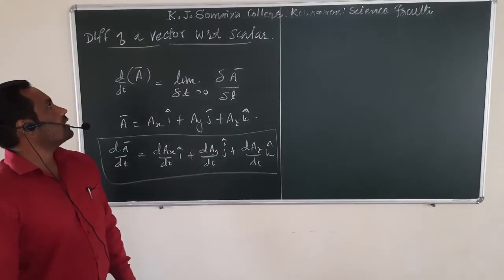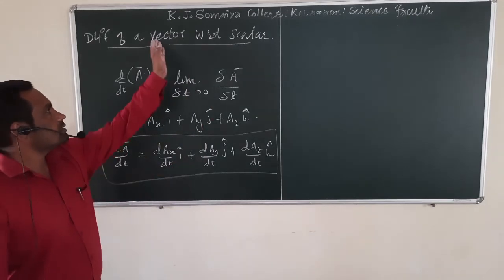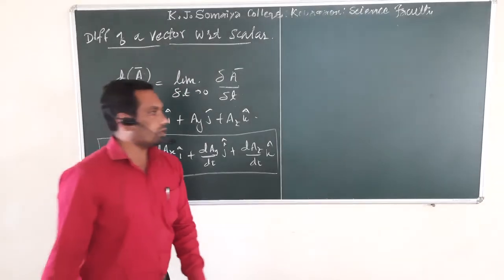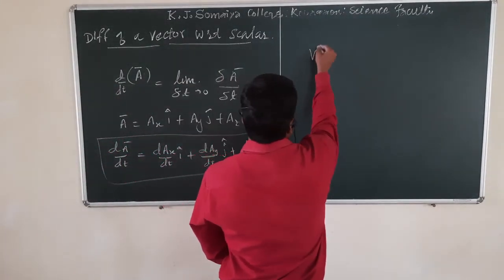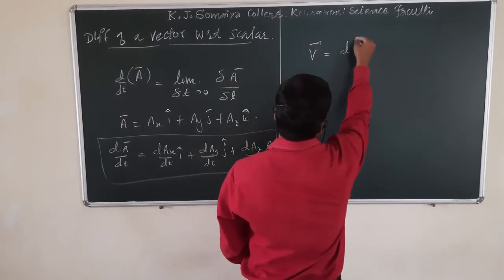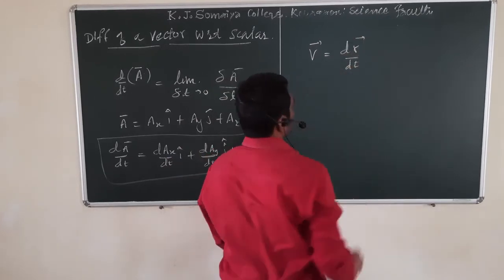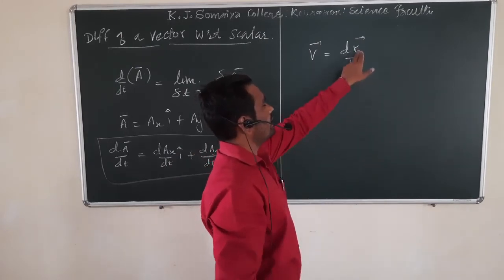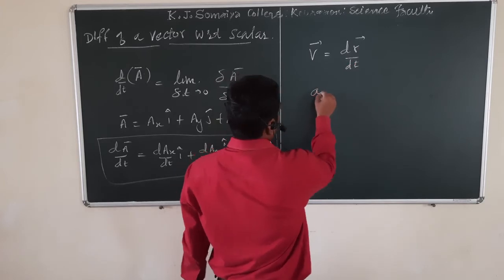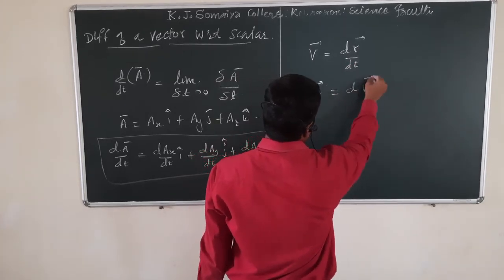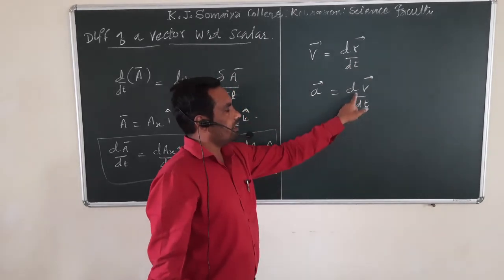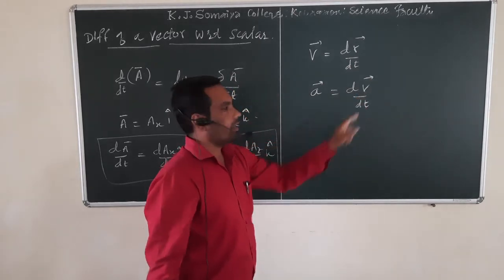In physics, we have many situations in which we differentiate a vector with respect to a scalar. What are those situations? We know that the velocity of a particle is the derivative of displacement. On the right hand side we have the displacement vector, vector r. Again, acceleration is the derivative of velocity. So here we are again differentiating a vector.